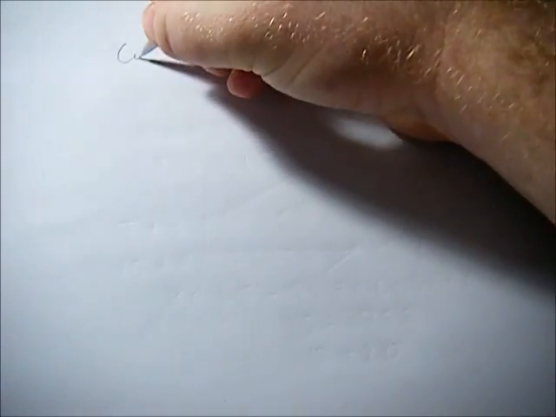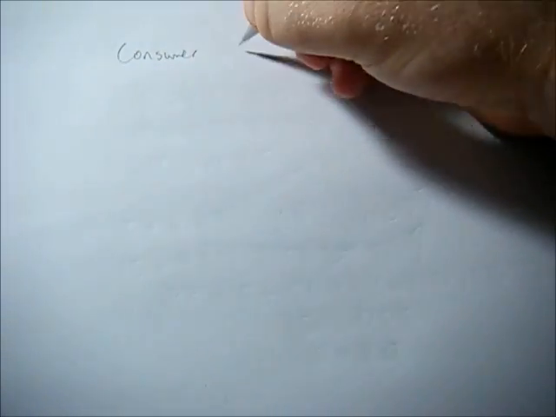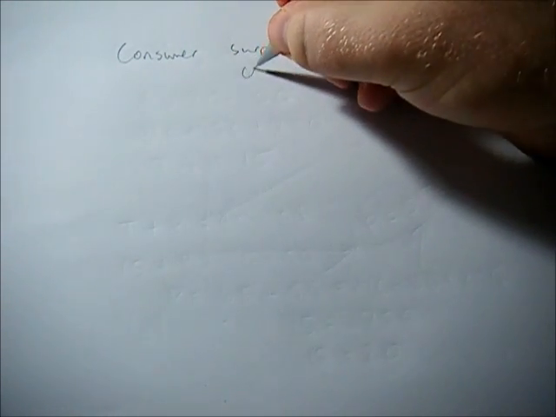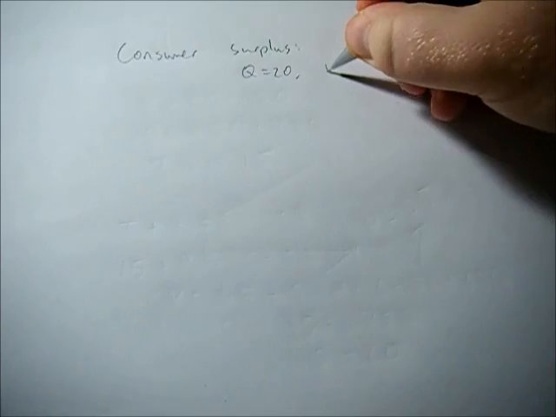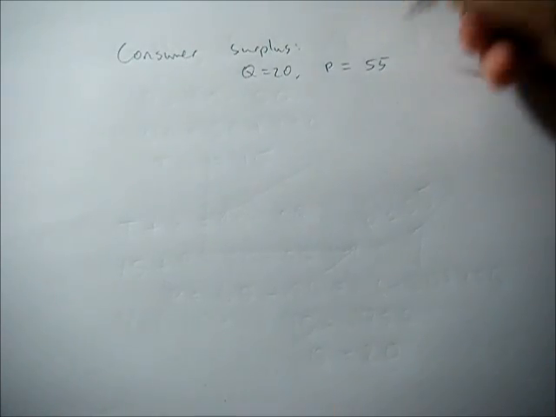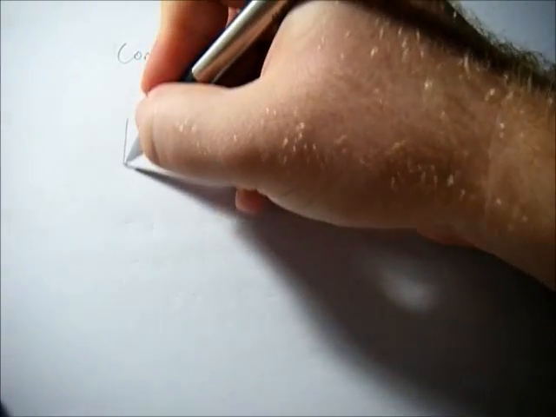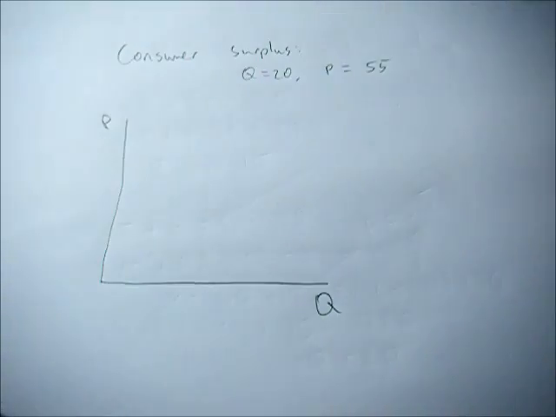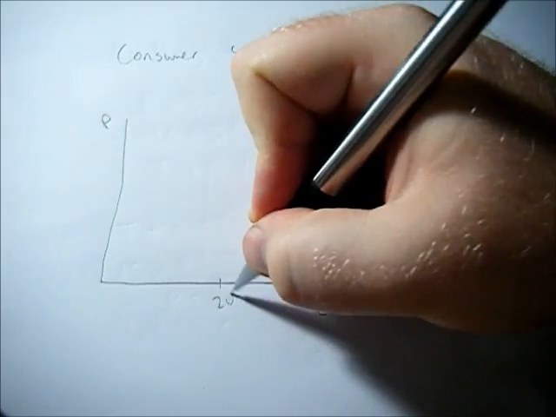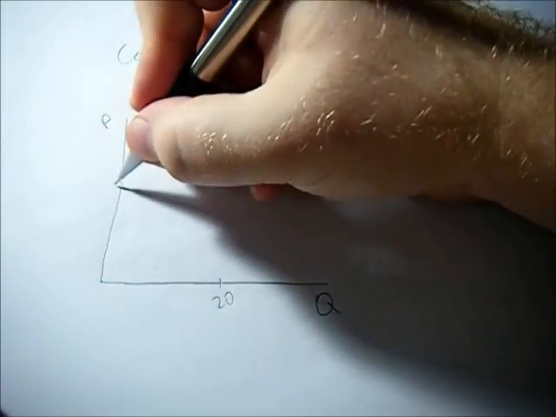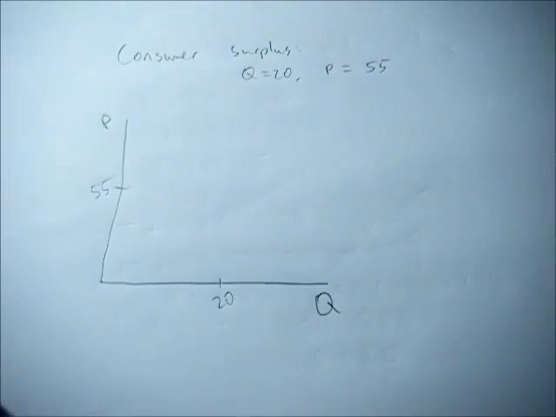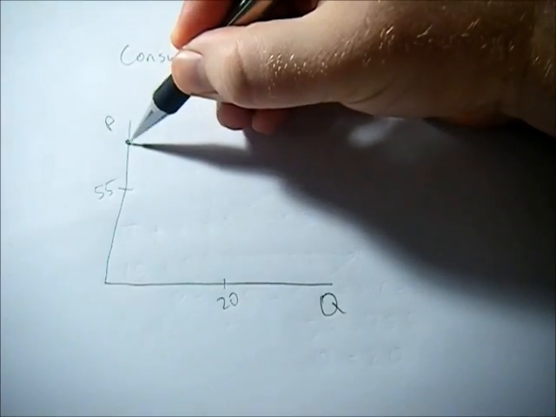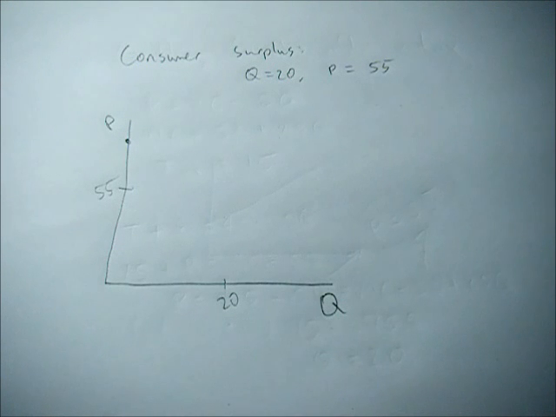So let's look at consumer surplus first. We know that equilibrium quantity is 20, equilibrium price is 55. We can draw our graph. Equilibrium quantity occurs at 20, price at 55, and we need to find out where our demand curve intersects the price axis.